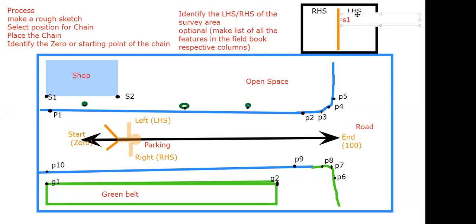So we will write S1 in the left hand corner. In the next line we will write L equals, L equals. This space will be used to label the link which is nearest to S1. So I'm just telling as an example.